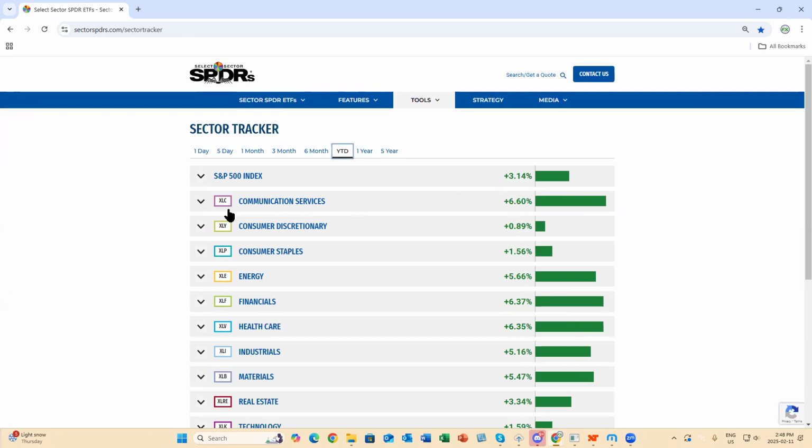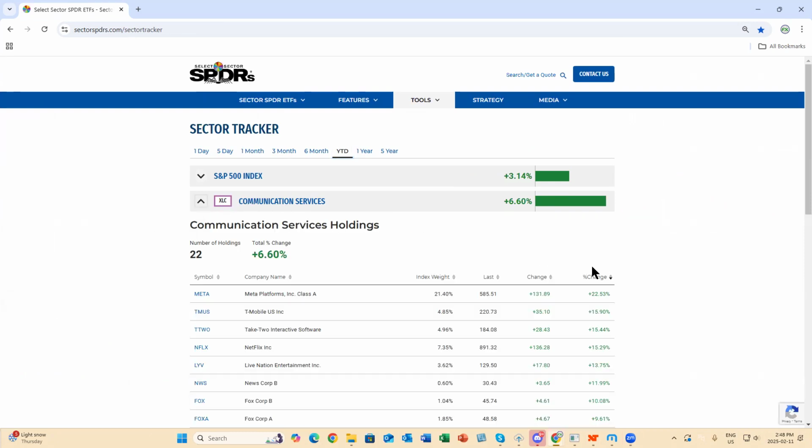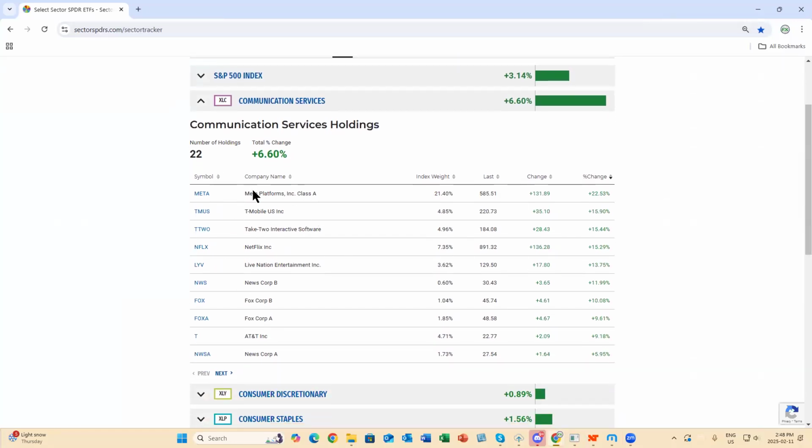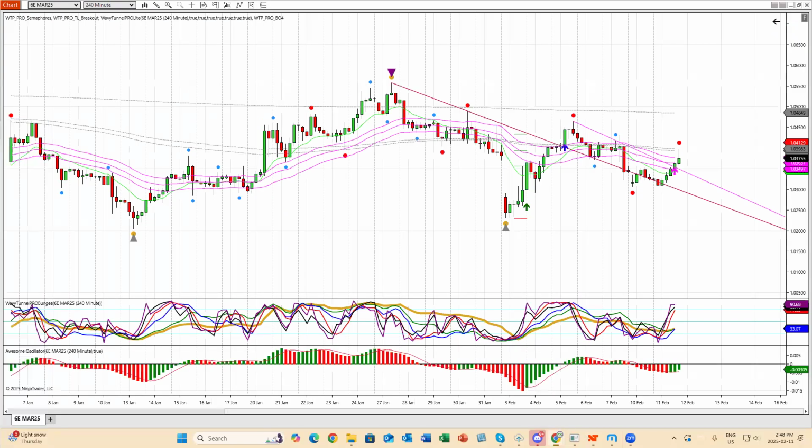And then if I want to look at particular stocks and how they're doing, if we just hit on communications and I sort by percent change, these are the stocks that are hot stocks. These are the stocks that are performing well. We could look at some of these stocks, or, since we have a strong earnings week this week, we could look at the stocks whose earnings are coming out today.